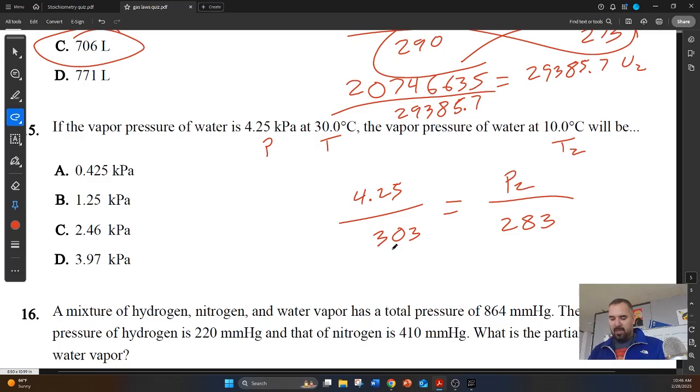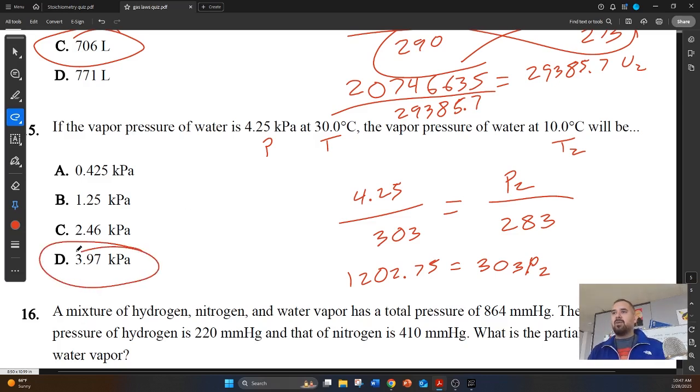So cross multiply 4.25 times 283. That gives us 1202.75 is equal to 303 P2. All right, we're almost done. Be patient. So we divide this by 303, and that gives us 3.96 or 3.97.